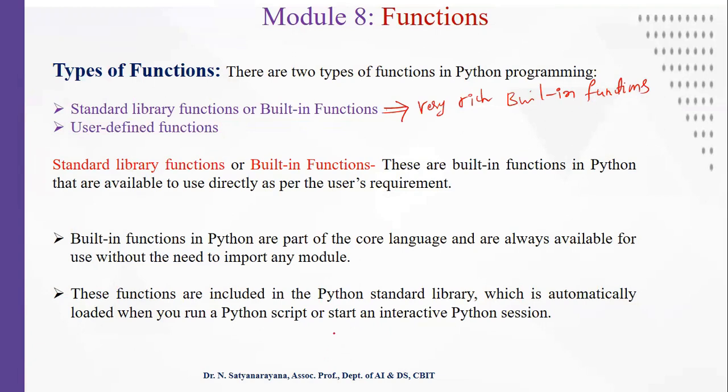Now if you want to use the built-in functions that are supported by Python, many built-in functions can be straight away used in the program, because by default, when you install Python, the standard library comes with IDLE, so straight away you can use it.